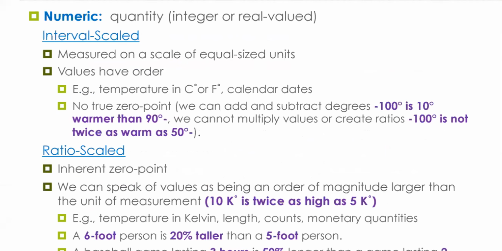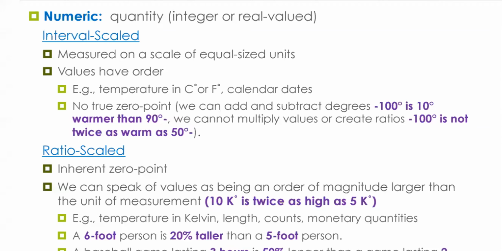For example, if today is 40 degrees centigrade, tomorrow it may increase by 20%. 20% of 40 is 8 degrees, so it will be 48 degrees tomorrow. Based on that, we represent values as an order of magnitude larger than the unit of measurement.